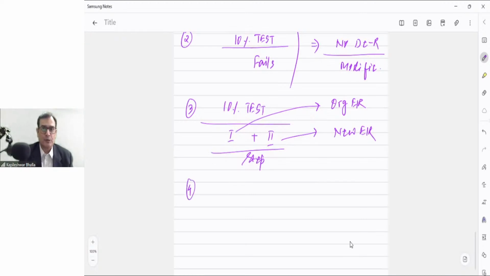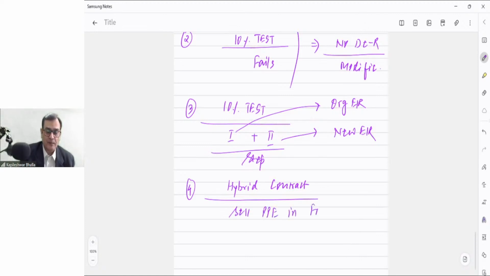Then question number 4. Now, I am considering that if you enter into a hybrid contract, for example, to sell a property, plant, equipment in foreign currency, then what do you need to do?